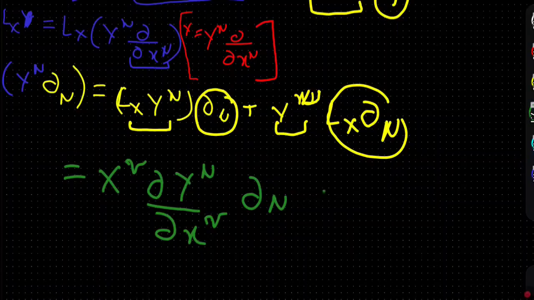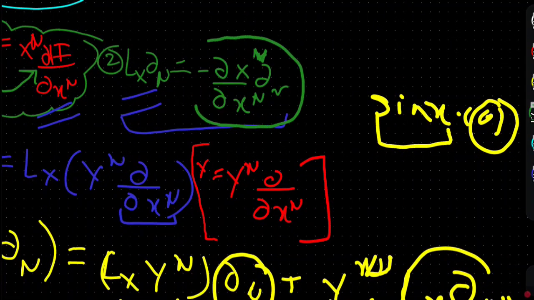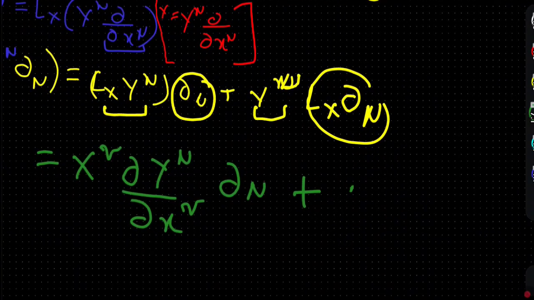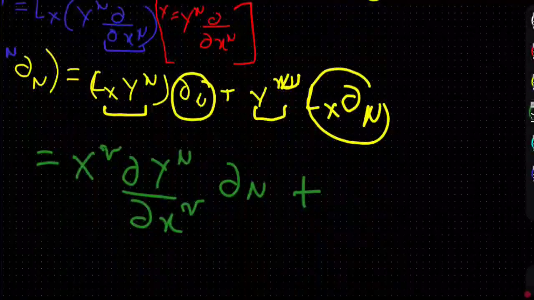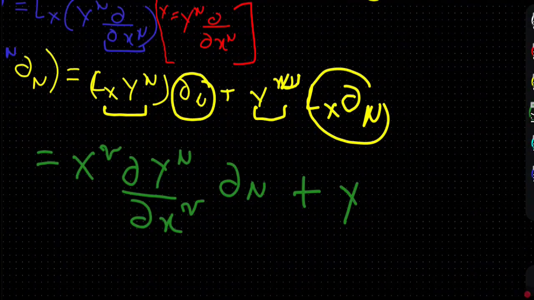Now plus this is our result. This is the Lie derivative acting on a coordinate basis, and we have just written here the formula of this. That's why I have said that it is very important. So now writing this as Y^μ, and what will happen if this Lie derivative acts on ∂_μ?